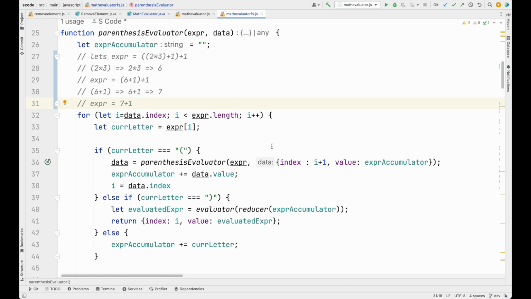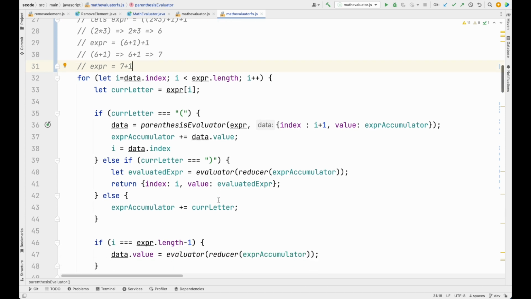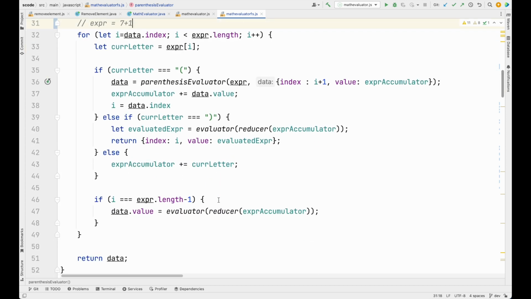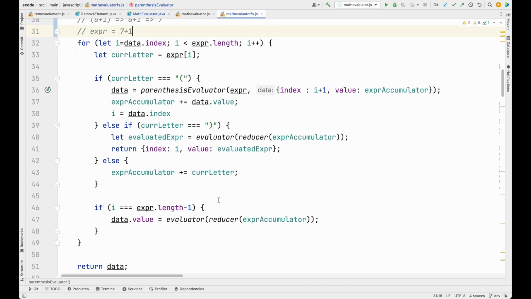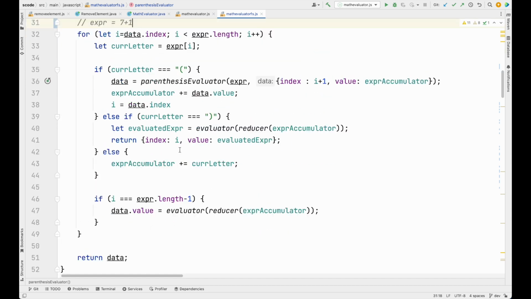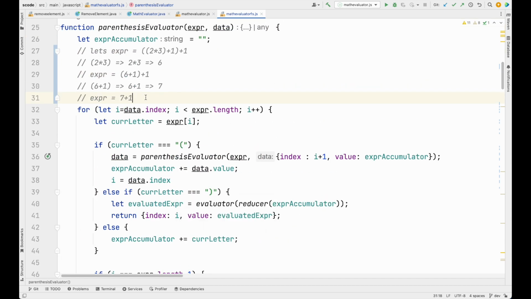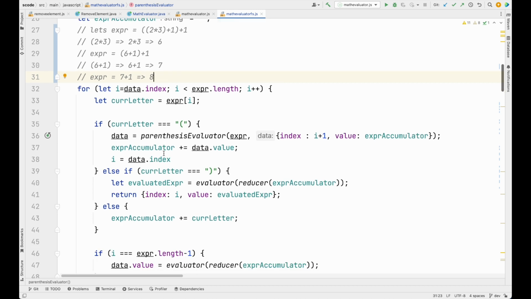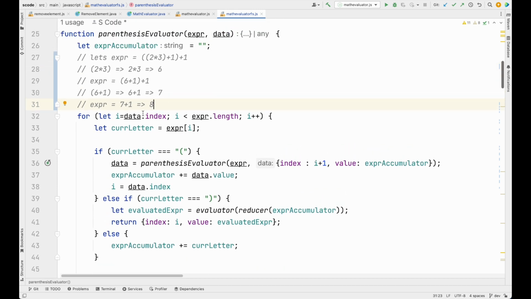Now, if you take a look at the if statement sort of at the end, within the for loop, you see that the evaluator gets called. And at this point, we have 7 plus 1. So the evaluator is going to give us back 8. And then we're going to end up returning that result at some point.